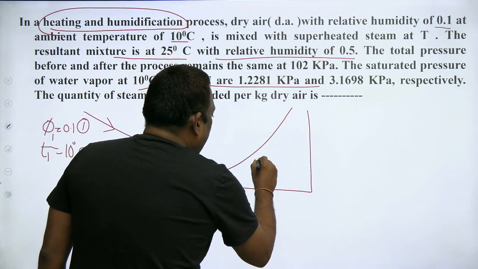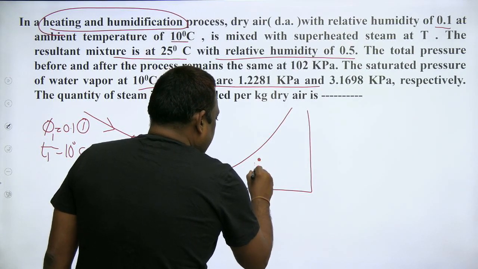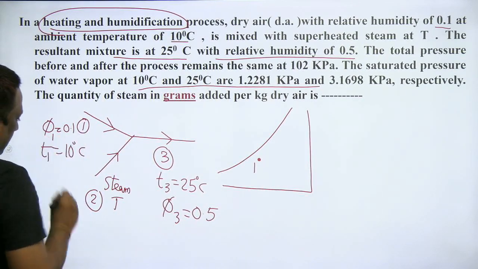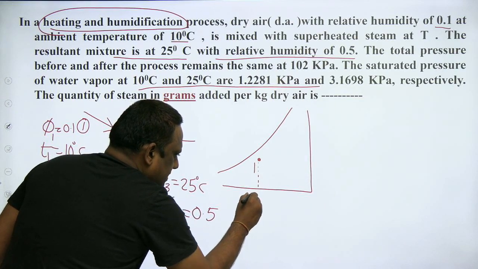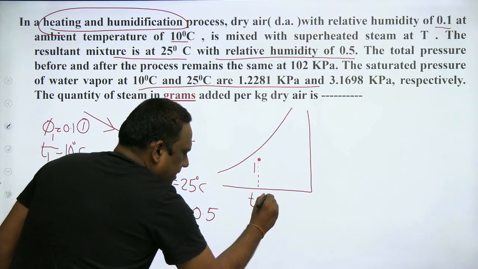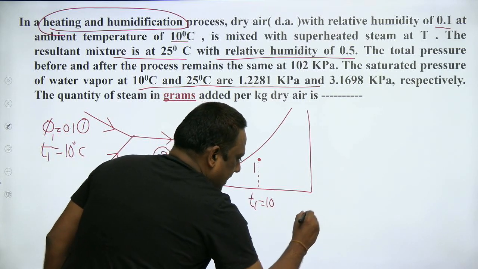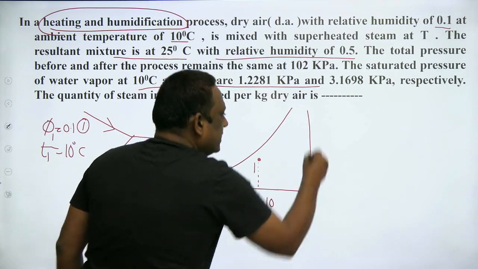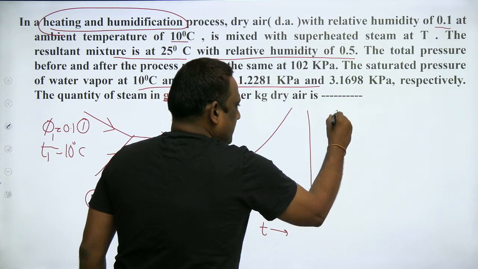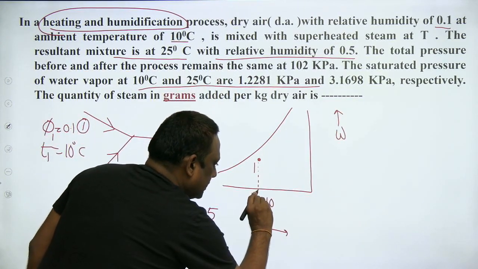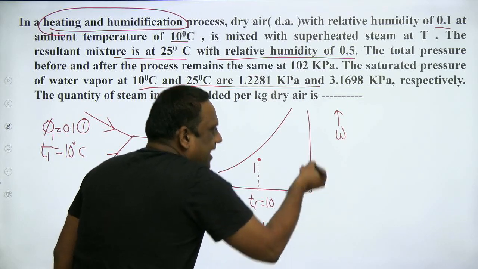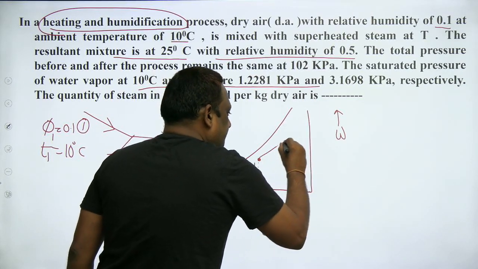So this is the actual process, my dear students. Initially the air is at 1, and the temperature is given as 10. On this axis we have dry bulb temperature, and on this axis we have omega, that is specific humidity. It is heating and humidification, so the temperature is increasing, heating, and omega is increasing, so humidification.